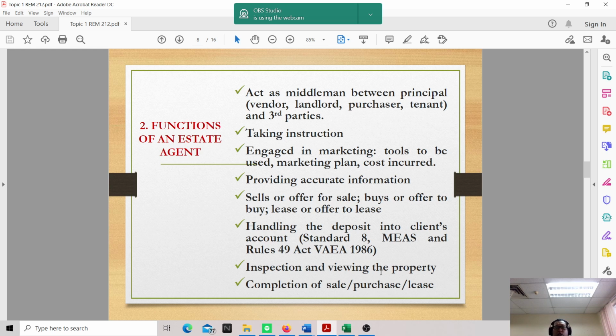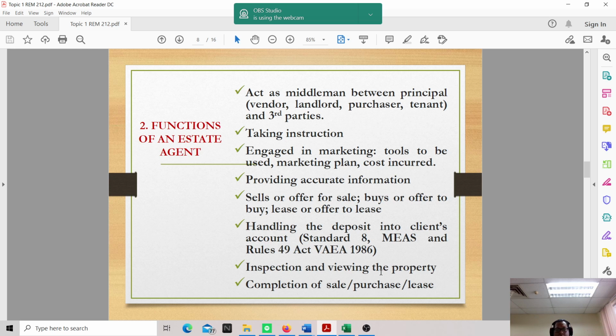If you don't want to be prosecuted under the VAE Act, you will not give inaccurate information. You must always give accurate information. Sell or offer for sale, buy or offer to buy, lease or offer to lease.